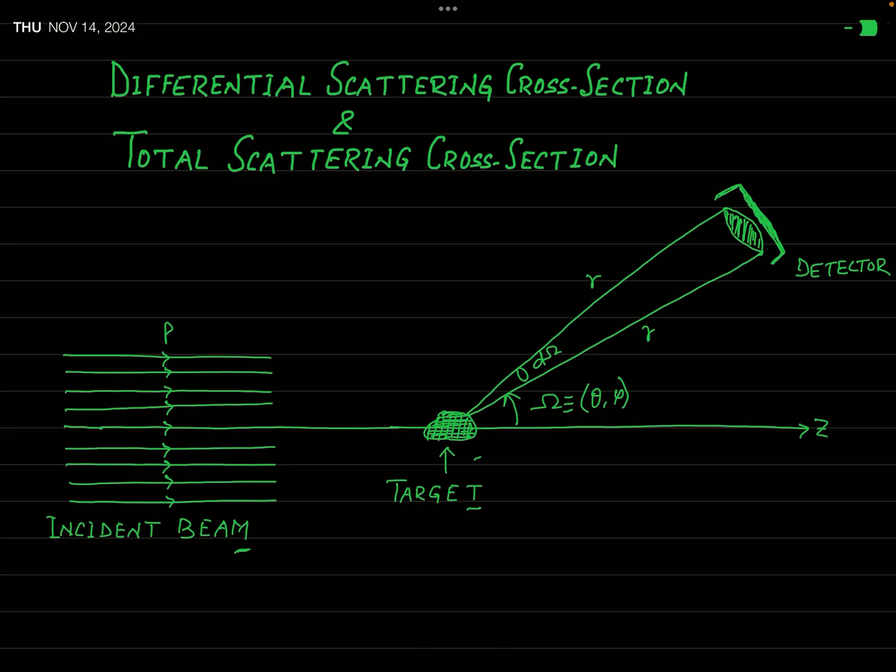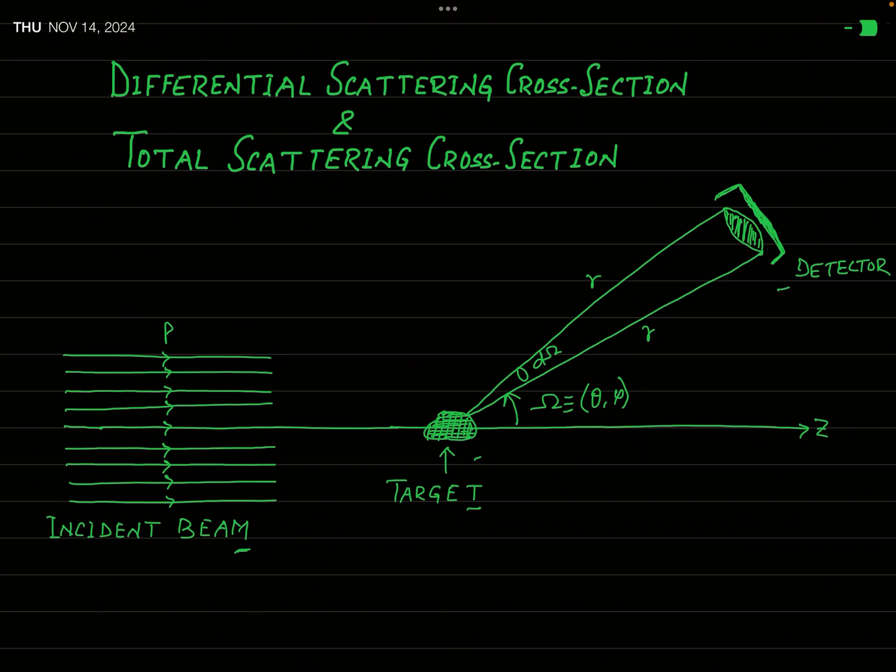And these scattered particles must be detected, so we need a detector to detect the particles. You can see in this figure that the particles are scattered by the target in all directions, and the scattered particles are received and analyzed by a detector as I have shown here.